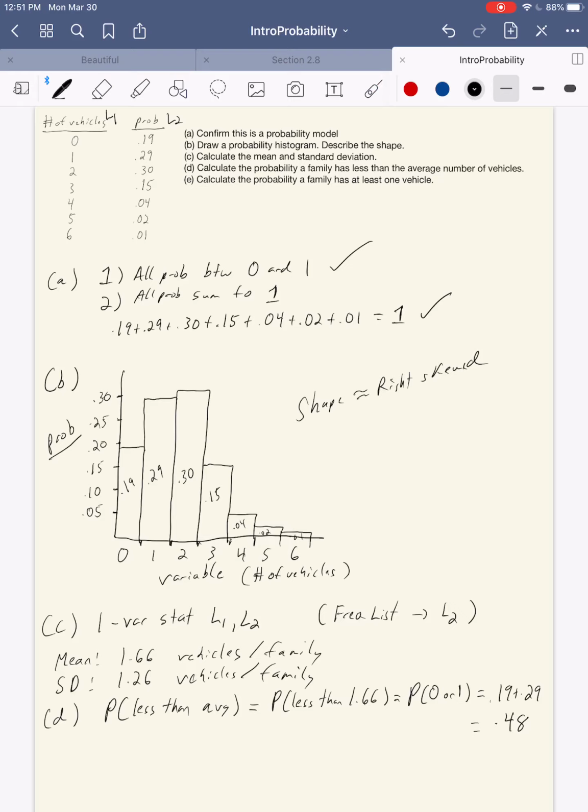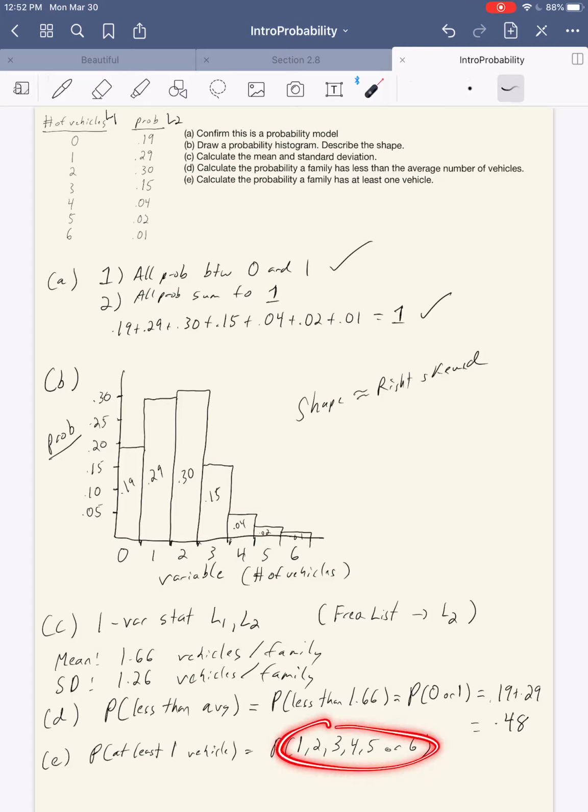All right, let's do part E here, probability of at least 1 vehicle. Well, at least 1 means that you could have 1, 2, 3, 4, 5, or 6 vehicles. Now, obviously, you can go ahead and just do this manually by adding up the probability for 1, 2, 3, 4, 5, and 6. But we can do this a little bit more cleverly by using the complement rule.